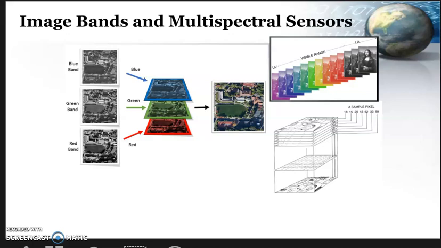These sensors, known as multispectral sensors, simultaneously measure data in multiple regions of the electromagnetic spectrum. The range of wavelengths measured by a sensor is known as a band and is commonly described by the name, red or near infrared, for example, and the wavelength of the energy being recorded.